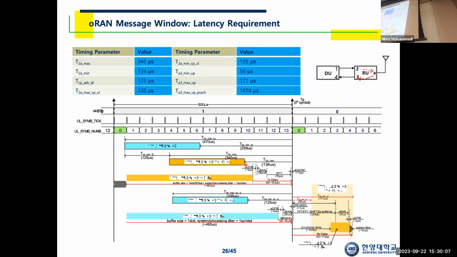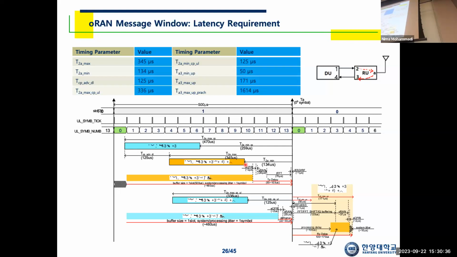Then you have to perform inverse Fourier transform, then D to A conversion and frequency up conversion, and shoot the signal as your downlink at time 0. T of 2A is the time given to you to finish all the required functionality.